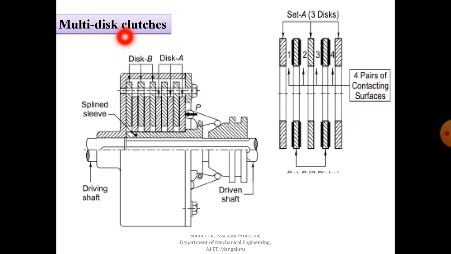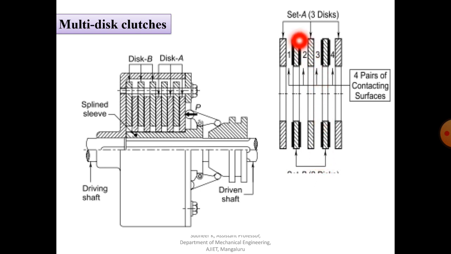A multiplate clutch always consists of many discs. You can see here in this construction we have discs of set A and discs of set B. We have two sets of discs, one is A and one is B. Set A is usually made of hardened steel, while set B is usually made of bronze material.